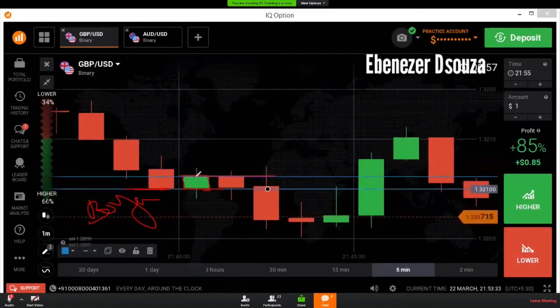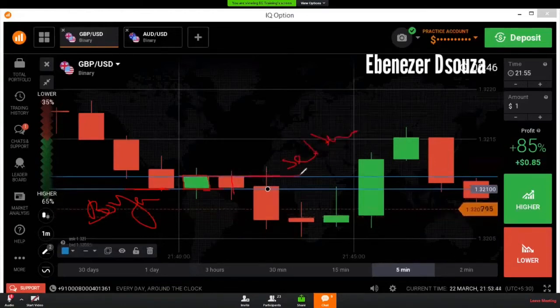After this closing point we are seeing a seller's entry. Here there are some sellers, so it means this is a resistance level. Okay, this is also a support and resistance level. Support buyer's area, resistance seller's area.